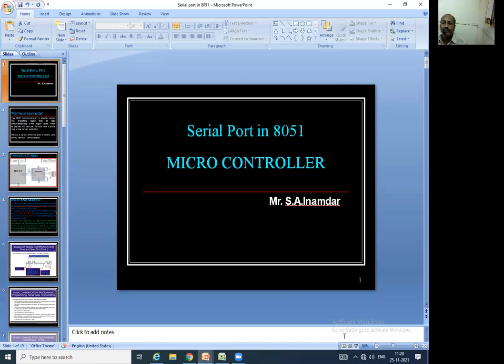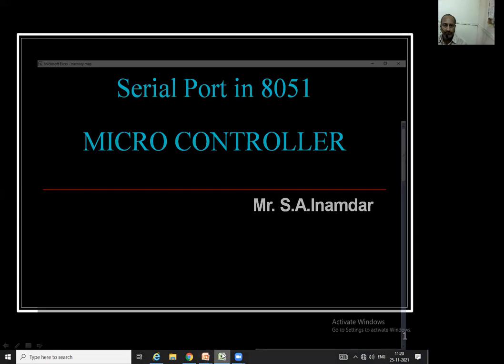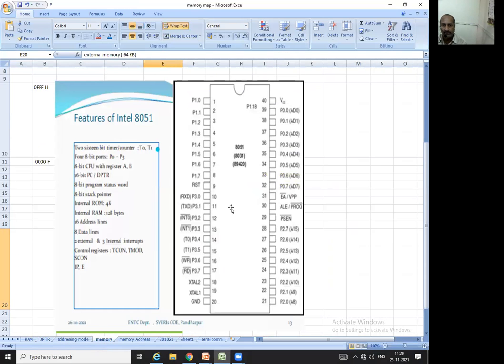Now in this session we are supposed to learn the serial port in the 8051 microcontroller. Before that, you are supposed to go to the pinout diagram again. This is the pinout diagram. Here, if you concentrate on port 3, all of this unit 2 is concentrated on port 3. The serial port is in this, the external interrupt is in this, the timer and counter is in this.